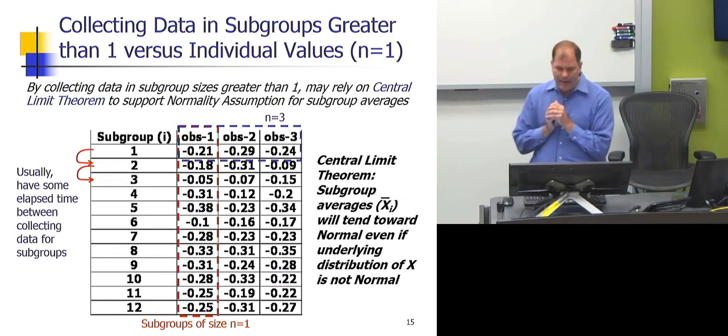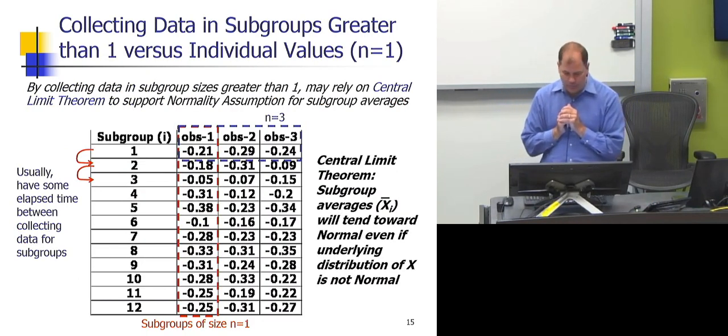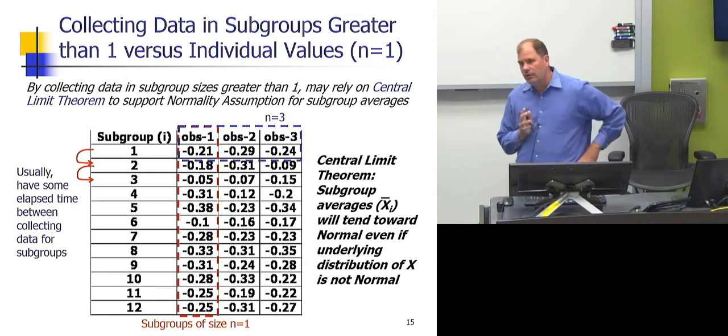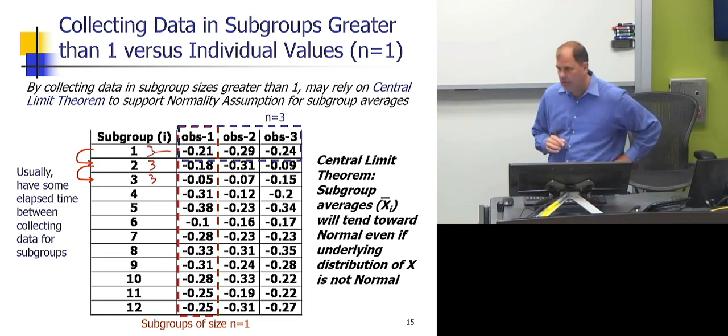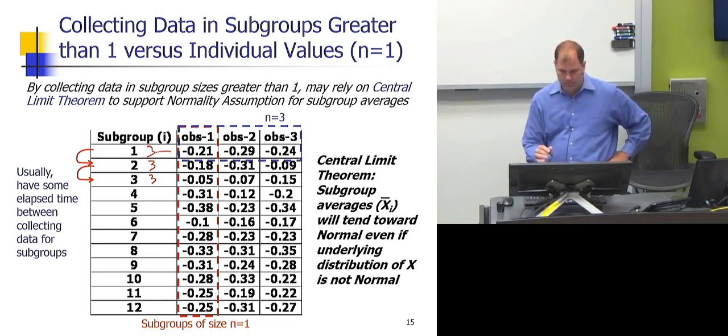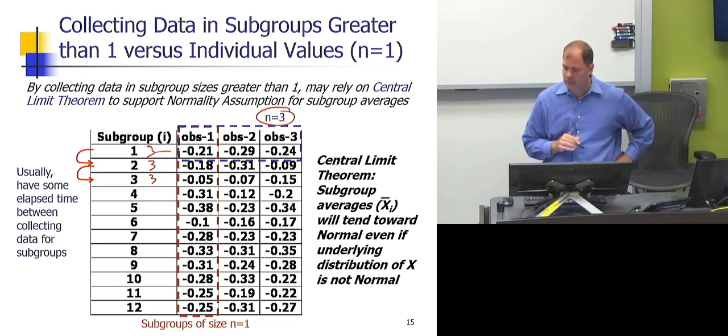All right, one more thing about collecting data in subgroups. You could think about this as, let's say I measure a subgroup and then I measure 3 in a row in every subgroup. I got n equals 3. Alternatively, I could have just measured n equals 1.